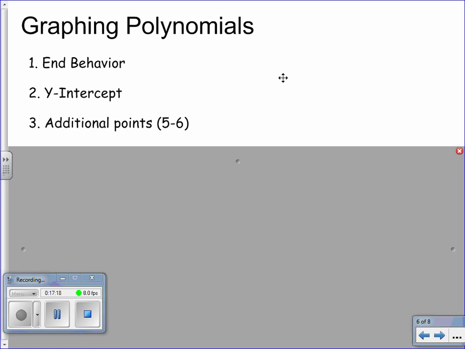The key piece here is our graphs are not going to be exact because in order to make an exact polynomial graph, we'd need a whole heck of a lot of points to figure out where everything is. So we're going to get a general sketch of the polynomial based on 3 things: end behavior, y-intercept, and maybe 5 additional points.